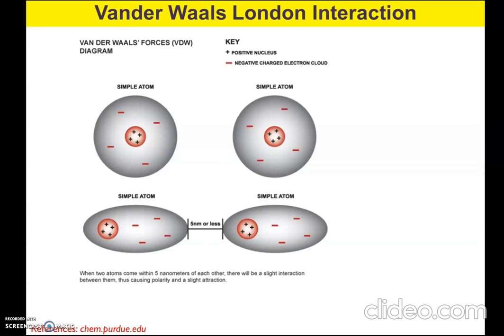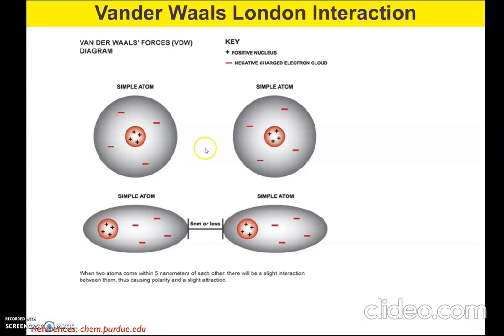Additionally, when you talk about bonding, especially in inert gas atoms, you might encounter something called van der Waals interaction. If you look at this picture here, you have the atom which is positively charged, surrounded by the negatively charged electrons.